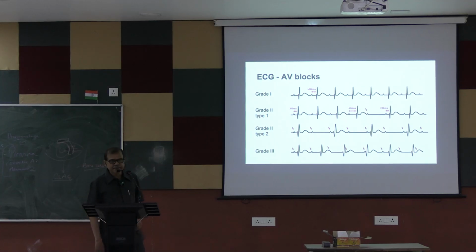AV dissociation can be produced by sinus default, by third degree or complete heart block, by usurpation, that means junctional or ventricular tachyarrhythmia. So AV dissociation is caused by sinus default, usurpation like junctional or ventricular tachyarrhythmia, and lastly complete heart block.